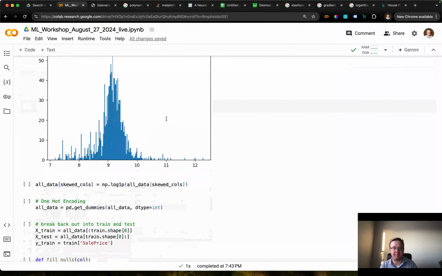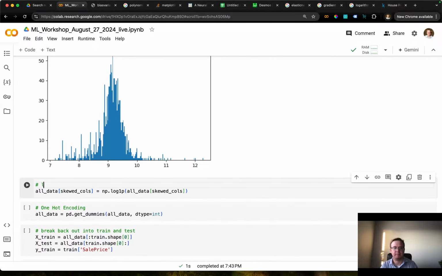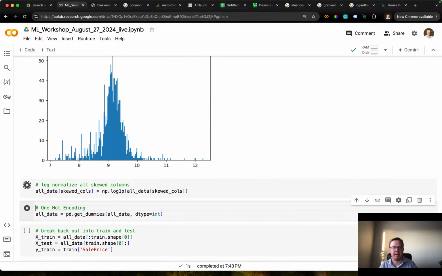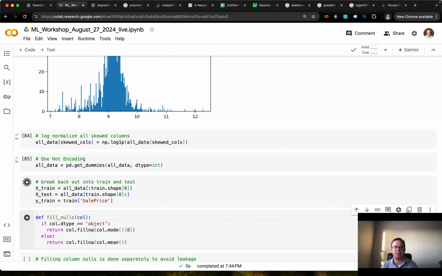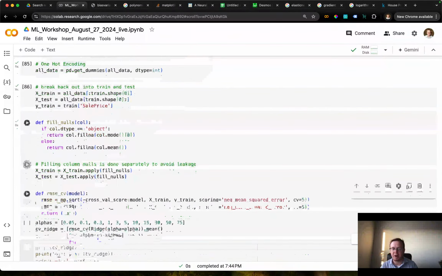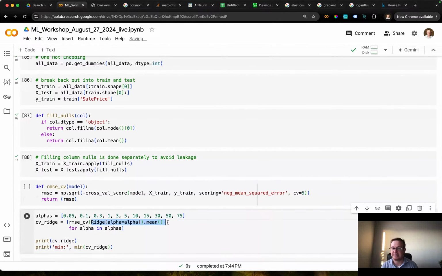Okay, so that's just a graph. This is going to take all of the columns that we identified as skewed and log normalize them. Okay. Then we'll do our one-hot encoding. Then we'll break it back out into train and test. Then we'll fill our null values. And then we'll do our ridge regression test again, right?